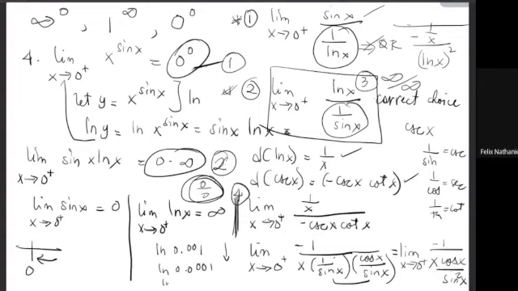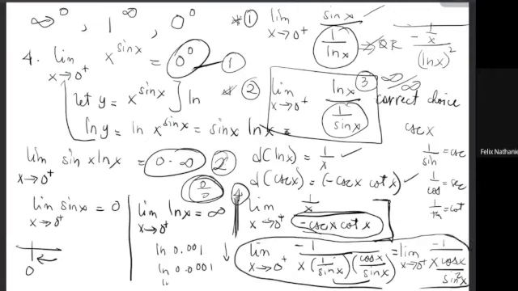Gusto ko kasing i-rewrite ito in the form of sine over cosine dahil, well, kung gagamit ka ng calculator, pwede naman, ma-verify mo kung anong magiging form nito. Kaya ako nag-opt dito dahil gusto kong makita visually without using calculator kung ano ang magiging form nito. Is it 0 over 0 still or infinity over infinity? Bago ako mag-apply ng LHR.